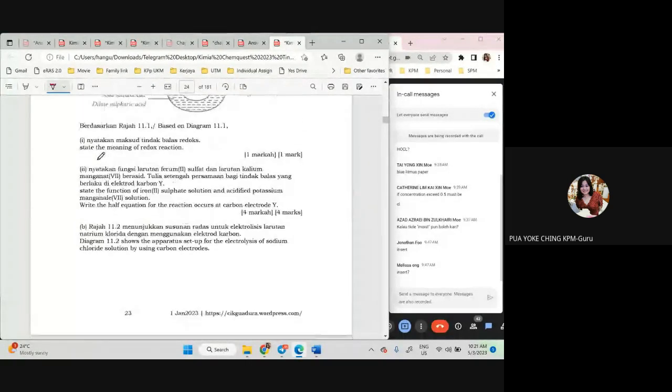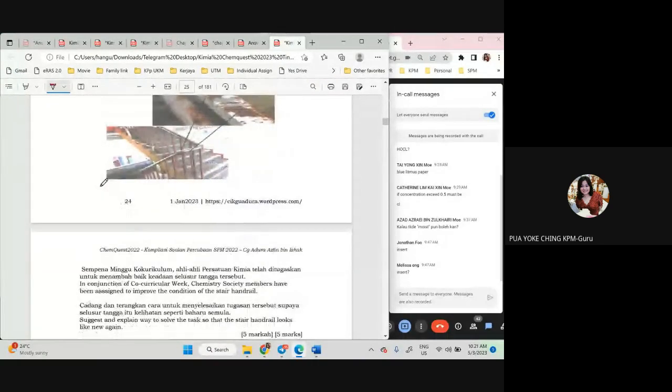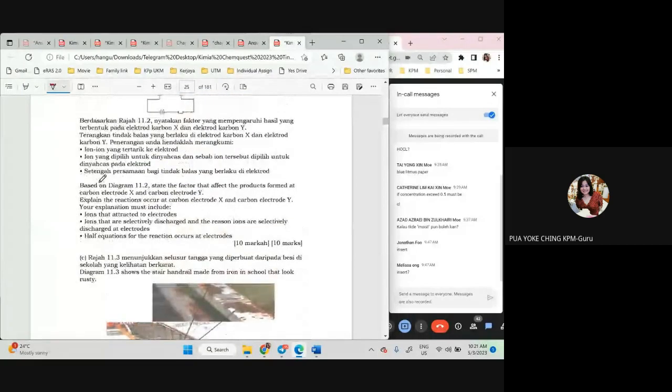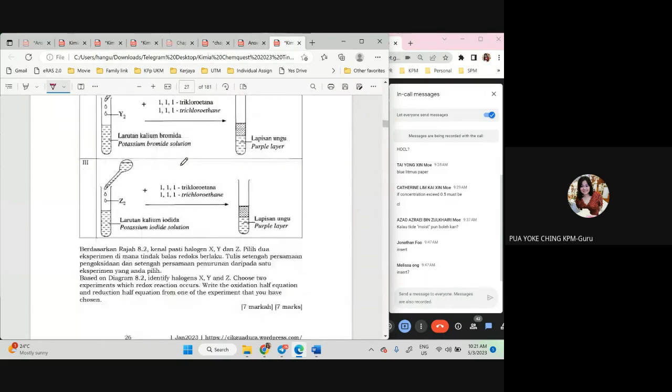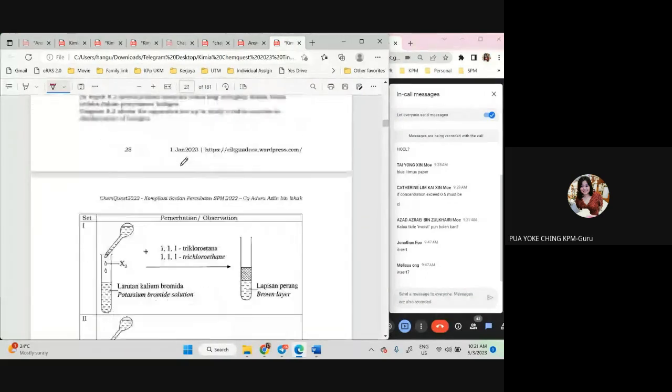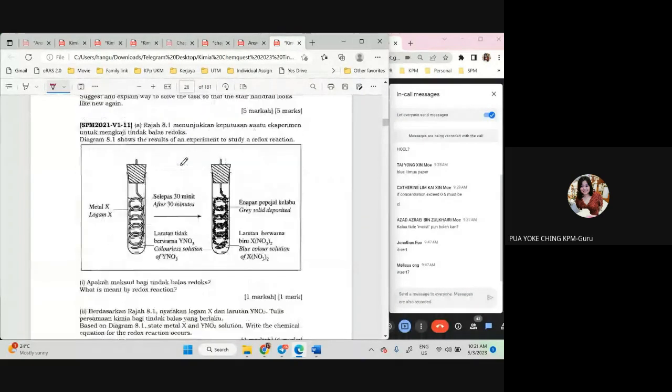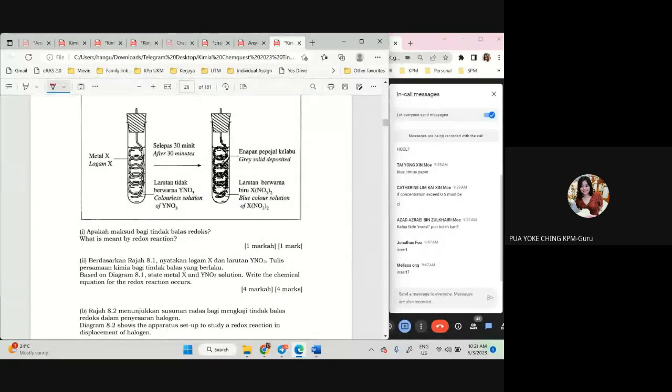Okay, so ini essay. Essay pun lebih kurang sama. Essay tahun lepas ada banyak yang macam ni. Okay. Essay tahun lepas dia keluar basikal. This is essay tahun lepas.